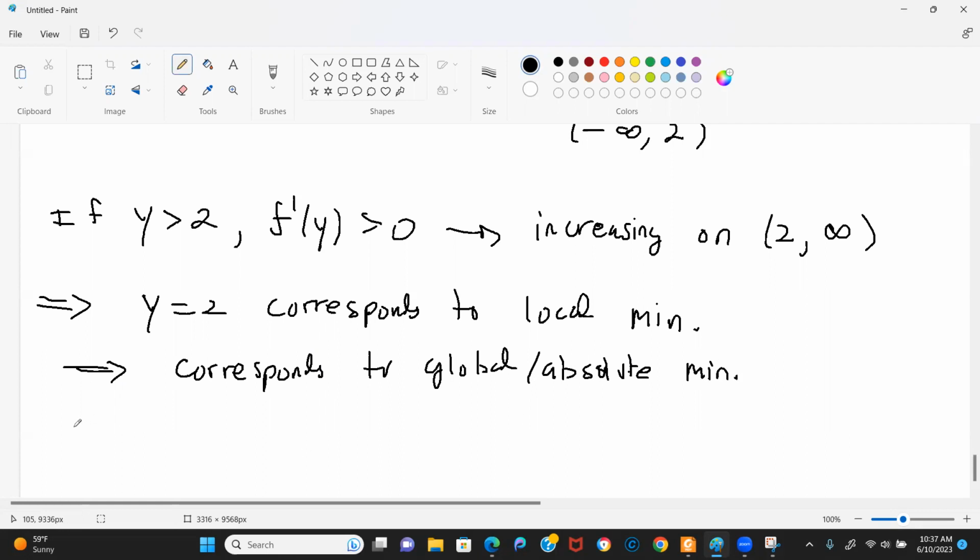So if this is the y value corresponding to our absolute minimum, then x, which is equal to y squared over 2, is going to be 4 over 2, which is 2. So the point on the curve is going to be (2, 2).